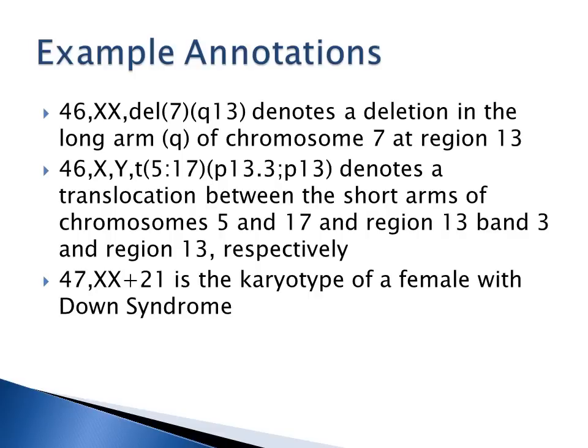The next annotation denotes a translocation between the short arms of chromosome 5 and 17 and region 13 band 3, you could see the 13.3, and region 13. The third example, 47,XX,+21, is the karyotype for a female with Down syndrome, or trisomy 21.